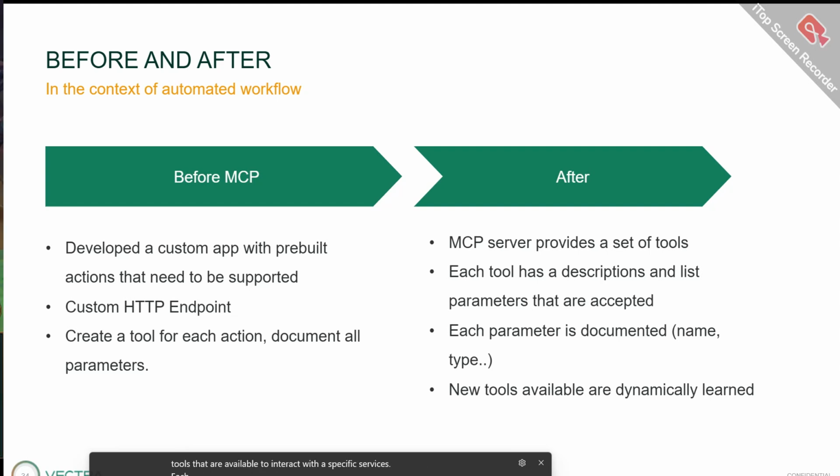Each tool provided by the MCP server will have descriptions again and the list of parameters that are accepted, so the AI agents know how to use it. Each parameter is documented, and when there is a new tool available, in my case for Jira, I can just learn dynamically from the MCP server that there is a new tool and how to use it. So I don't have to change my workflow manually. It's just going to learn automatically and be able to use it.